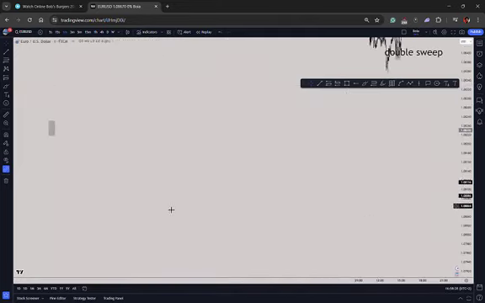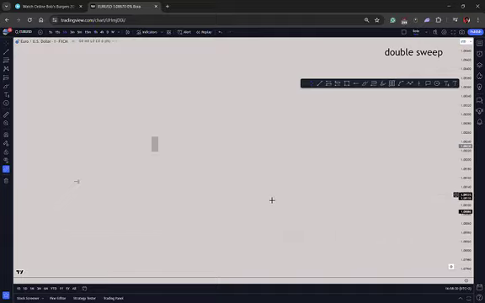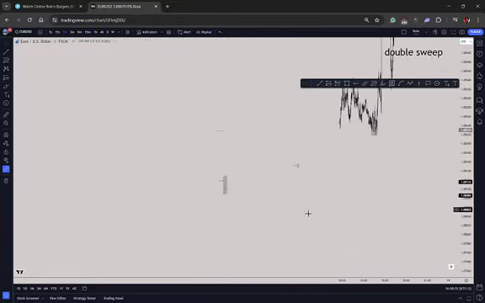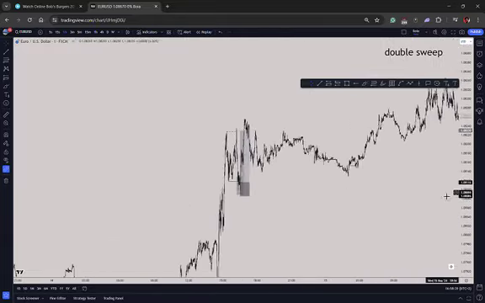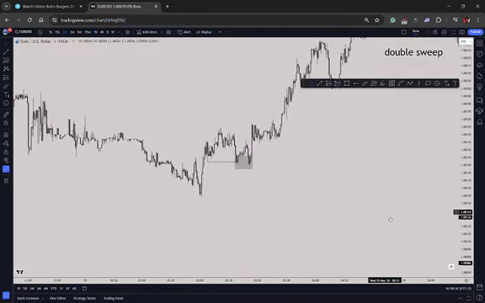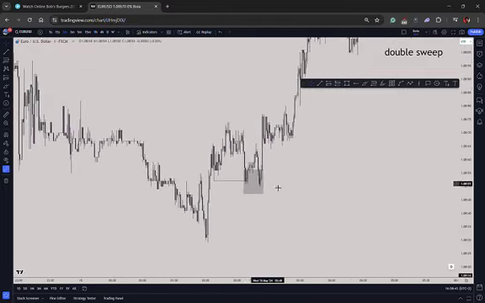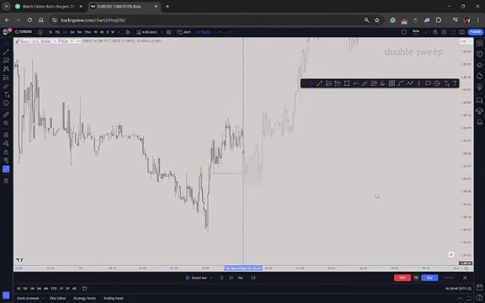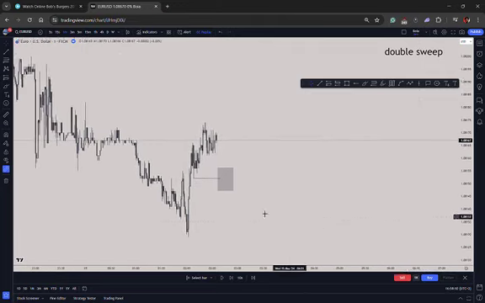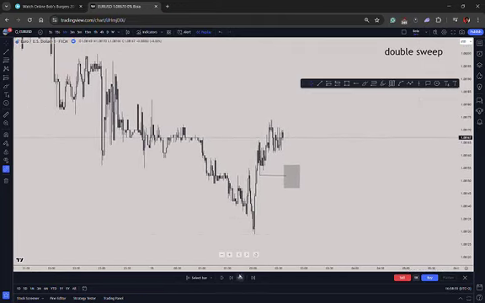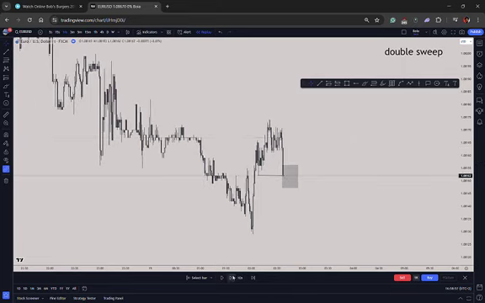Then where was the next double sweep that occurred this week? Okay, we have it over here. Same thing. This happened during the Asian session also. So let's see. We had our liquidity right there, and we are waiting for price to approach our liquidity and see what it does.